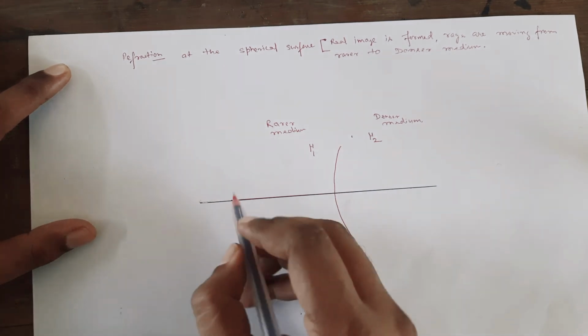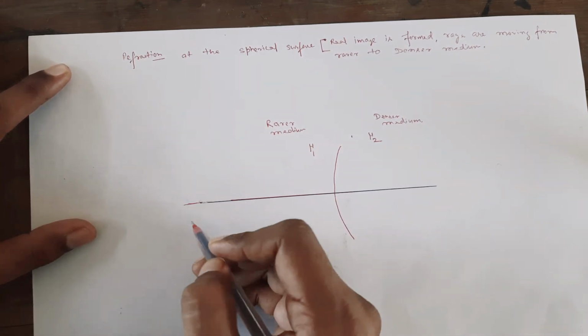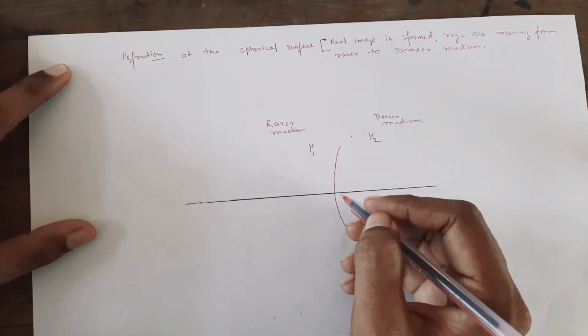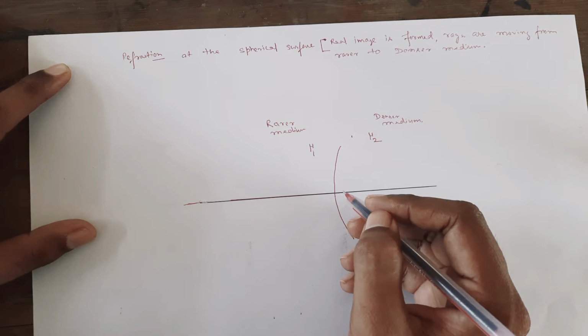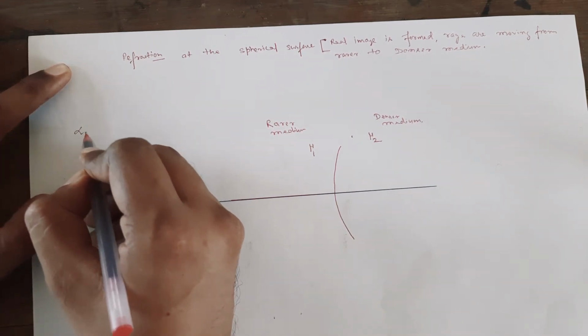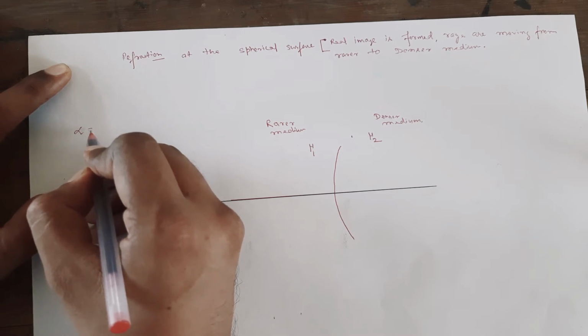Okay, now here there is some assumption that the angle subtended by the object along with the principal axis will be very small. So whatever be the angle, let us suppose it is alpha. So alpha can be considered to be very small.